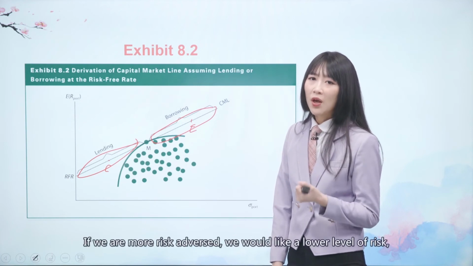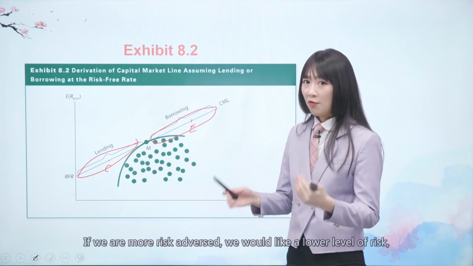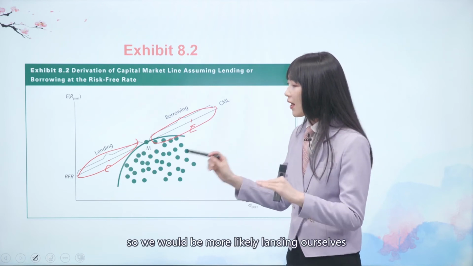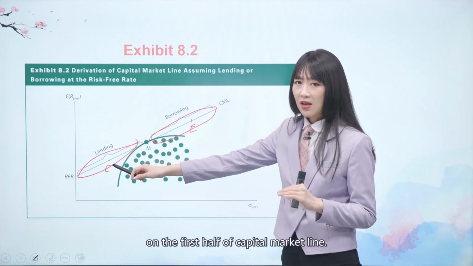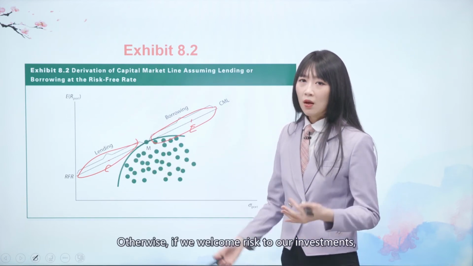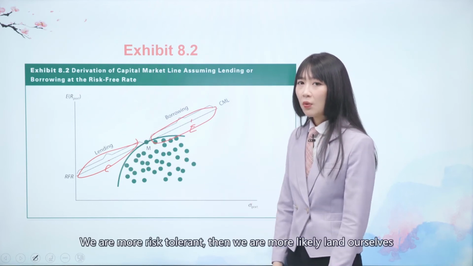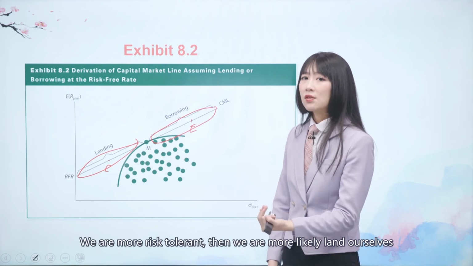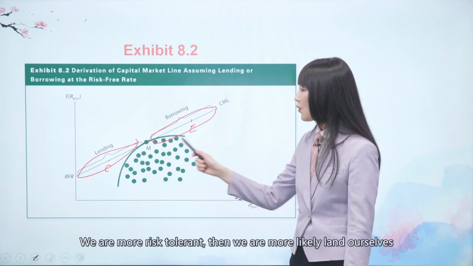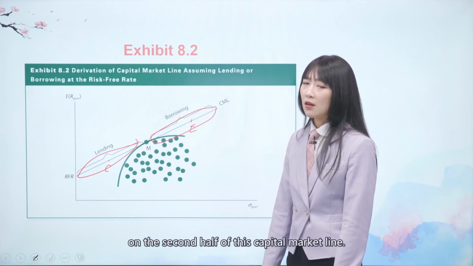If we are more risk averse, we would like a lower level of risk, and we would more likely land on the first half of the capital market line. Otherwise, if we welcome risk in our investments, we want a high level of return, we are more risk tolerant, then we are more likely to land on the second half of this capital market line.